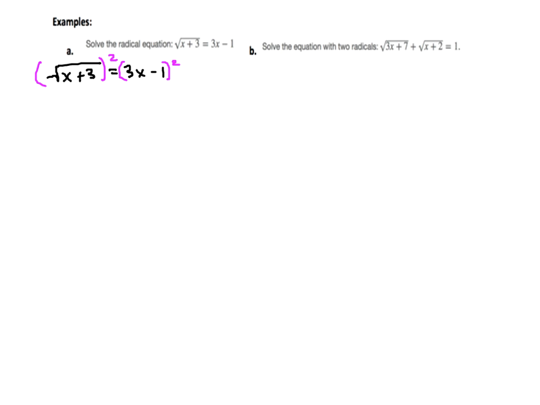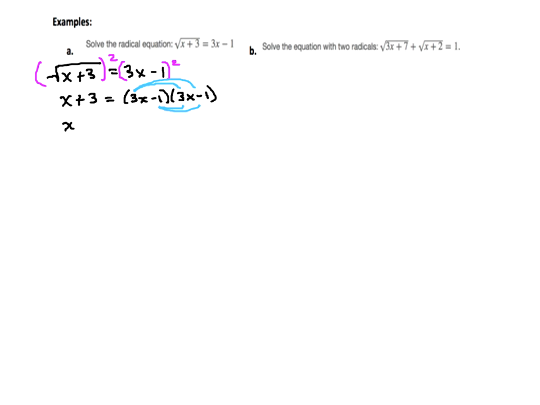Whenever I square a square root, I'm left with just that thing. And on the right-hand side, I'm going to write this out because most students miss this whenever they have a binomial squared. They miss that middle term. This is actually 3x minus 1 times 3x minus 1 that you're going to have to do distribution to expand it into a polynomial. So I'm going to multiply here and here and here and here.